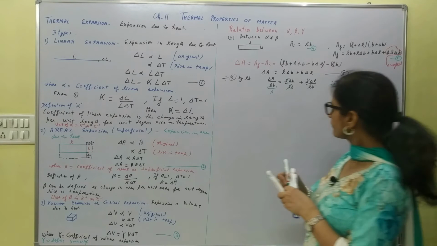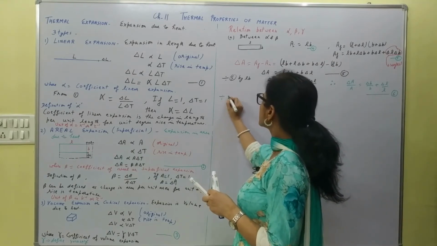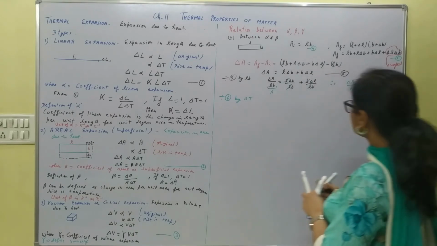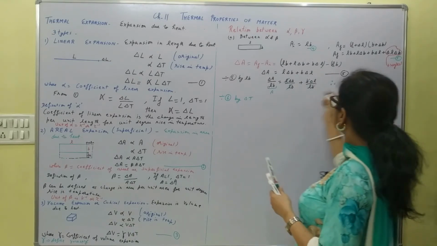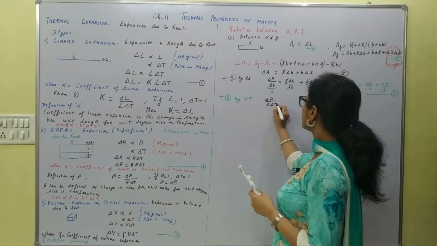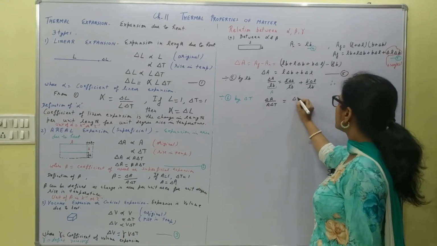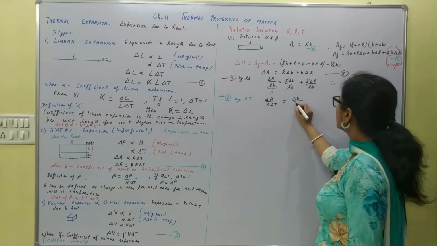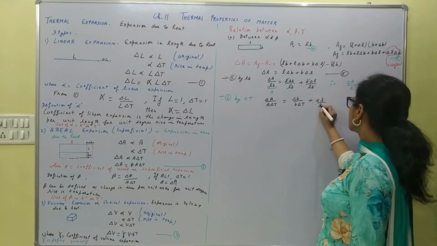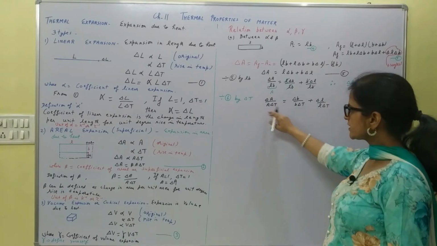If I divide the whole equation by delta t, divide 6 by delta t, what will I get? Delta A upon A delta t is equal to delta B upon B delta t plus delta L upon L delta t. What is this?